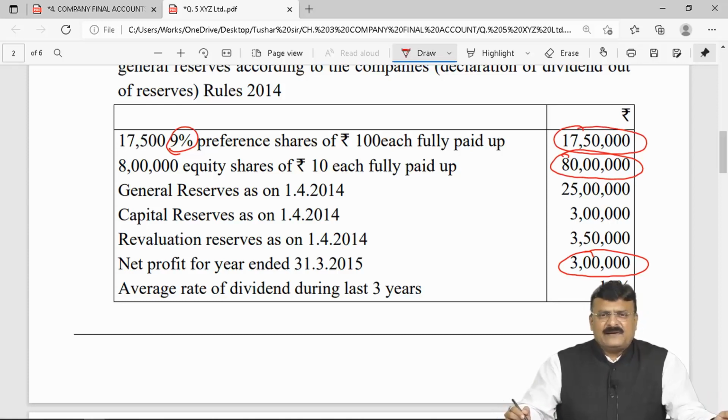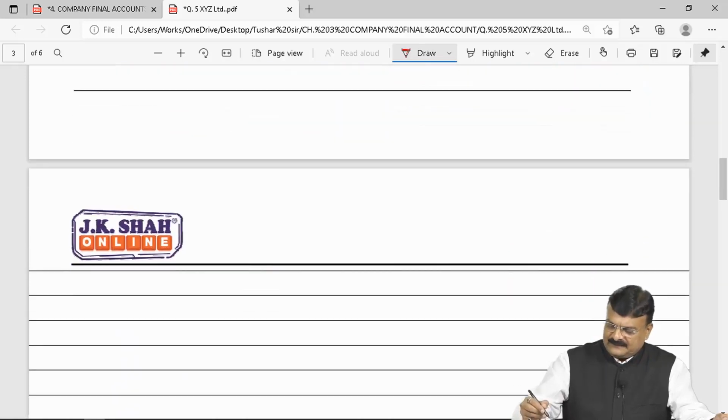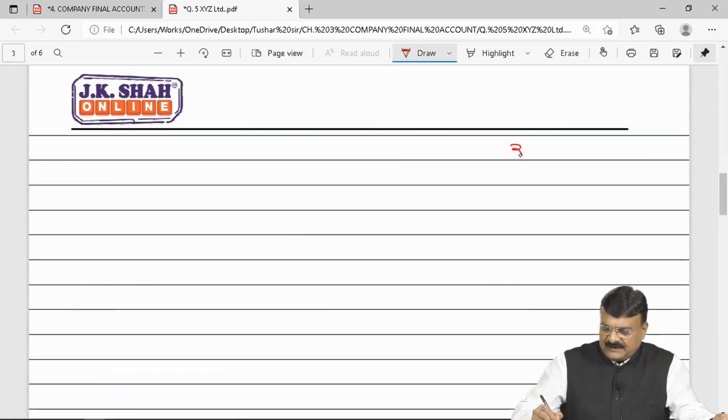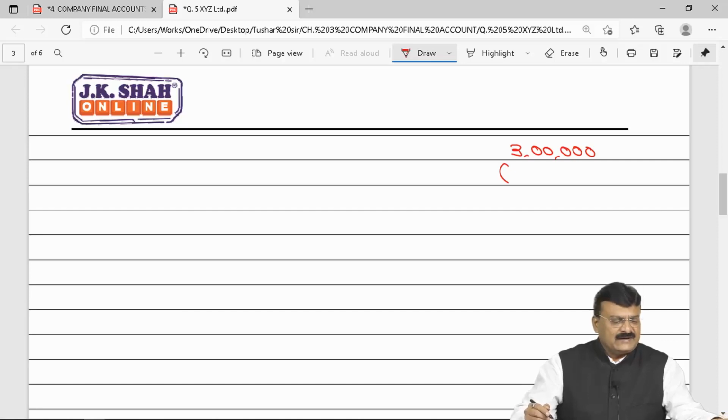So your first job will be to find out, from the 3 lakh rupees profit of the current year, how much is falling short, which we are planning to use out of the general reserve of 25 lakhs. If I calculate that, my profit is 3 lakhs, minus preference dividend 9%. 9% of 17 lakh 50,000 is 157,500, and then minus 10% equity dividend of 80 lakhs, which will be 8 lakhs.